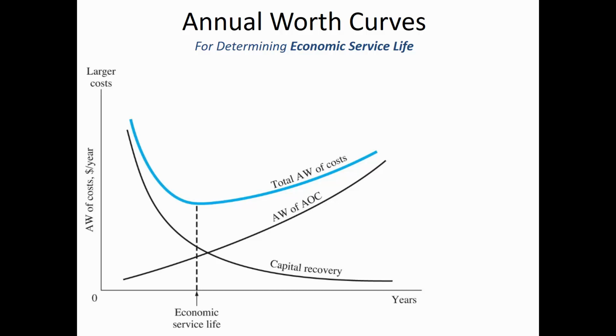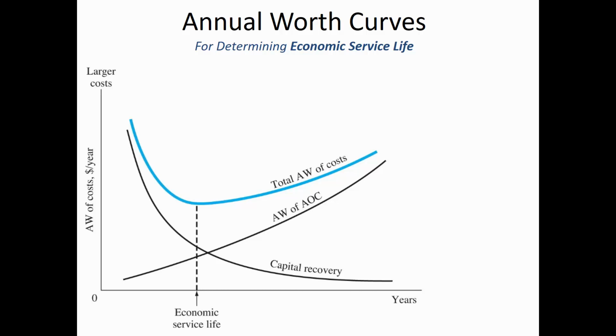And this is one where I think there's a lot of important stuff going on, and so you should be able to describe it. On the horizontal axis is time, and as we move to the right, that means a greater number of years. The vertical axis is the annual worth of costs. What that means is, on an annual basis, how much did it cost to keep the equipment for a certain number of years?